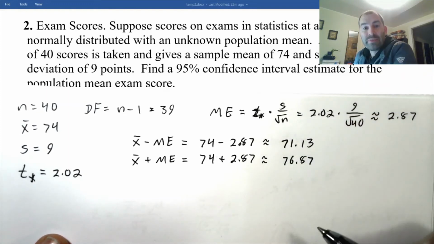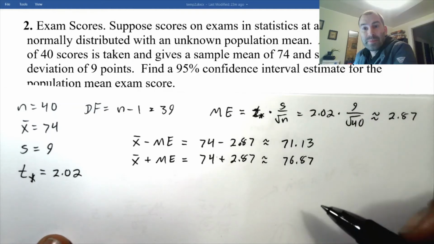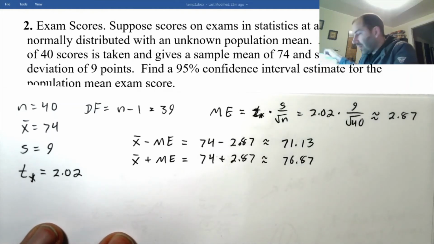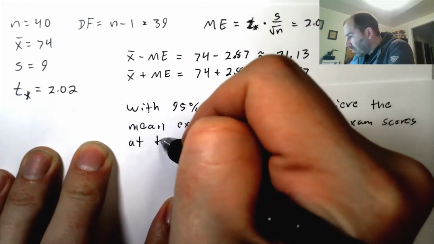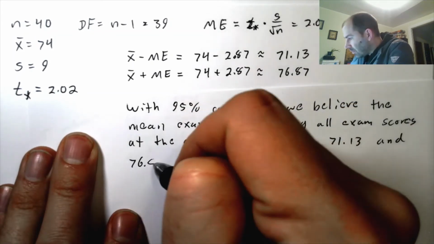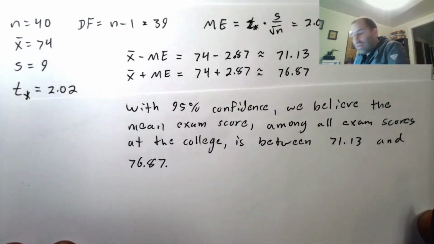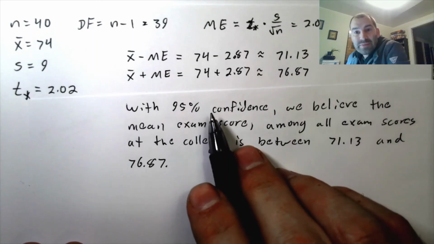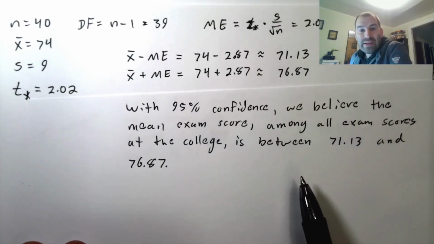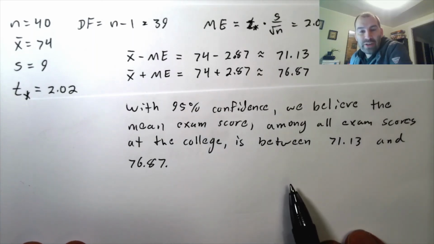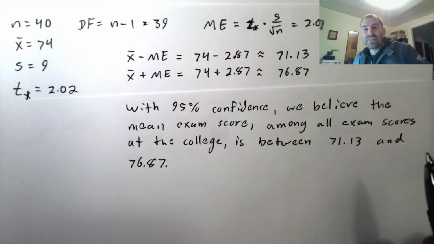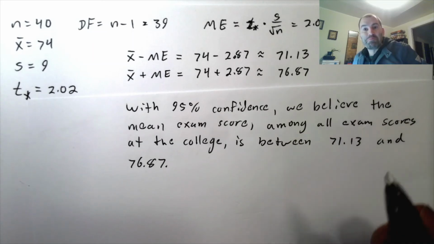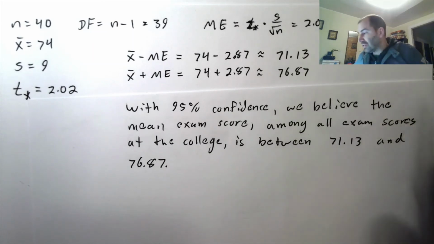Those are the endpoints of my confidence interval. And so I can write my final statement. With 95% confidence, we believe the mean exam score among all exam scores at the college is between 71.13 and 76.87. All right, so that's our conclusion.